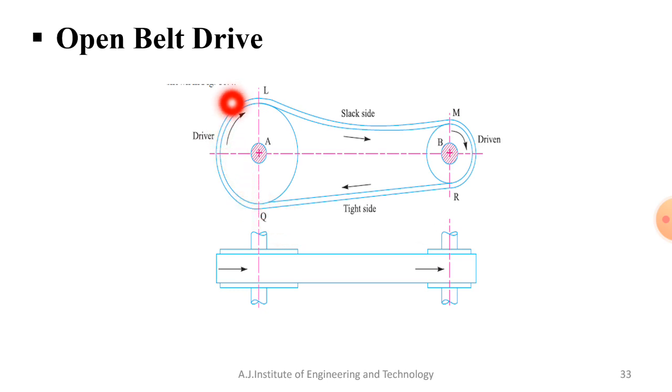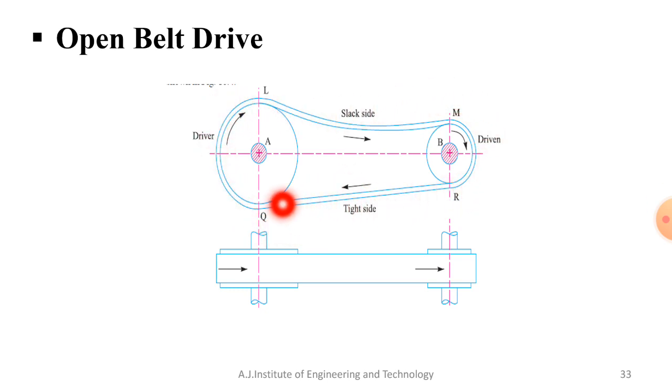An open belt is one in which the belt proceeds from the top of one pulley to the top of the other pulley, so there should not be any crossing. You can see the belt is not crossed here, so that is why it is called an open belt.